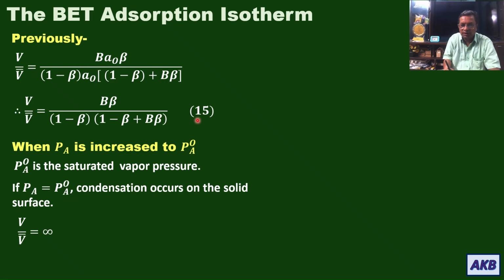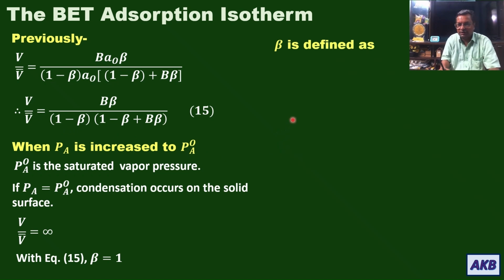And according to equation 15, if V upon V bar is infinite, that means beta is 1. If you put beta equal to 1 in this equation, then and only then you'll get V upon V bar equal to infinity. We had earlier defined beta as G into PA.